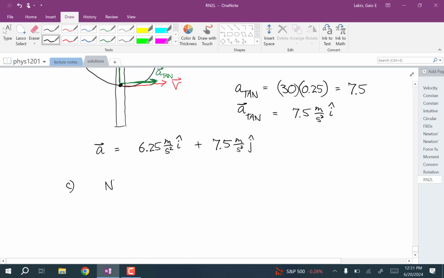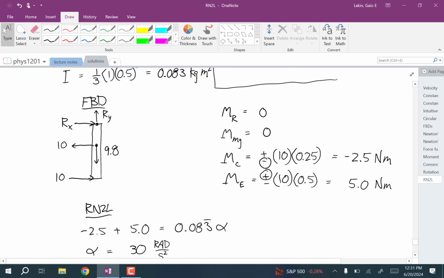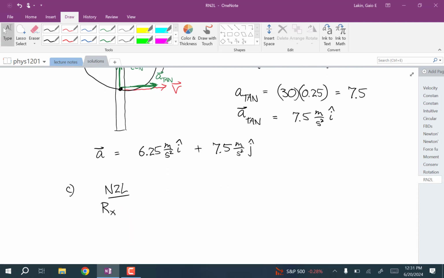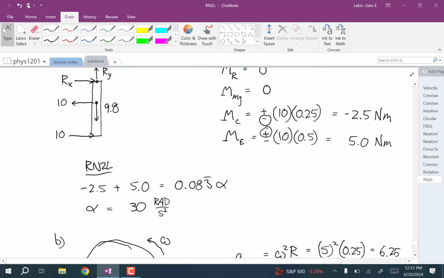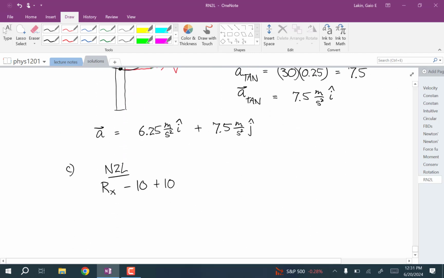So Newton's second law says for the x forces, we have Rx, then we have 10 in the negative i direction, and then we have 10 in the positive i direction.